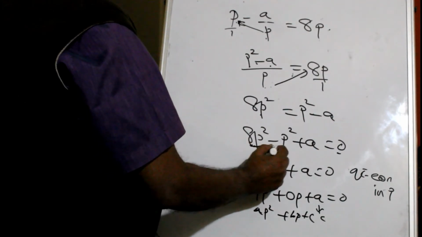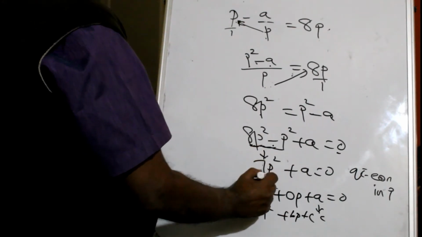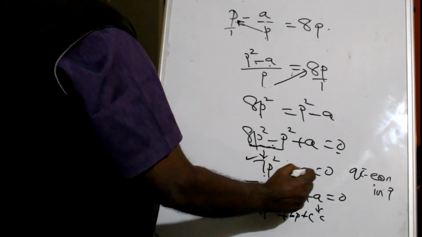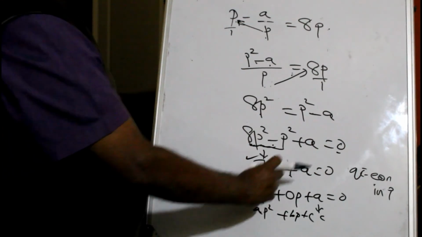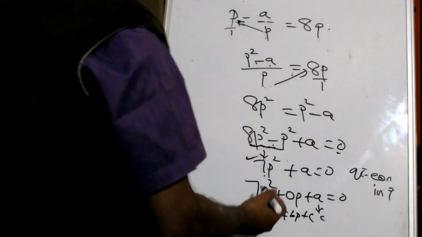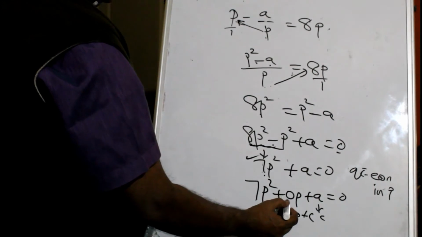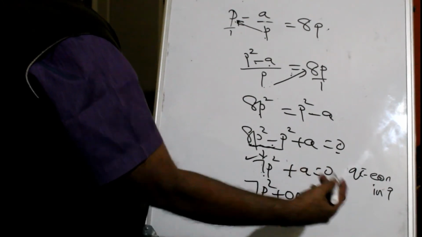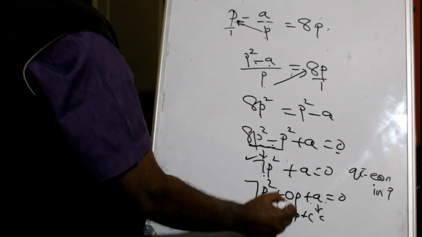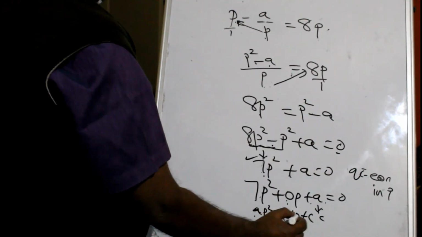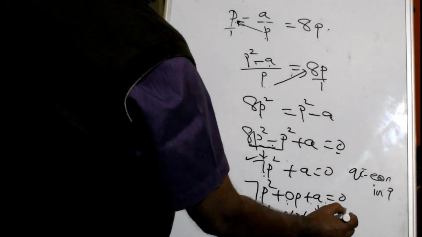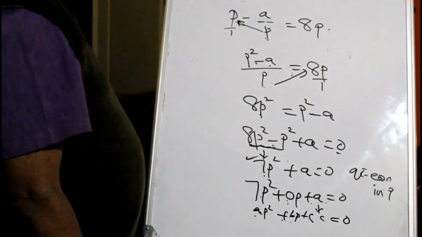Remember, like terms you add. 8P square minus P square becomes 7P square plus A equal to 0. This is also a quadratic equation in P, though the term P is missing. If you are very particular, you can write it like this: 7P square plus 0P plus A. 0P is no P at all, but yet the P square term is there. So this is of the form aP square plus bP plus c equal to 0, which is a quadratic equation in P.